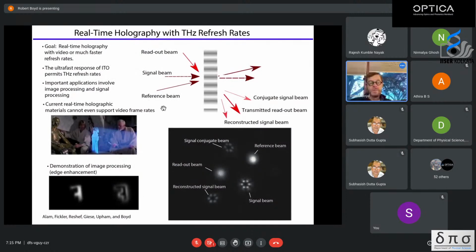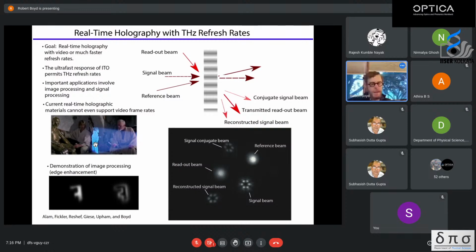Now, next is real-time holography with terahertz refresh rates. And to motivate this, let me remind you of this classic scene from the first Star Wars movie. And here's Princess Leia, or I should say a hologram of Princess Leia.